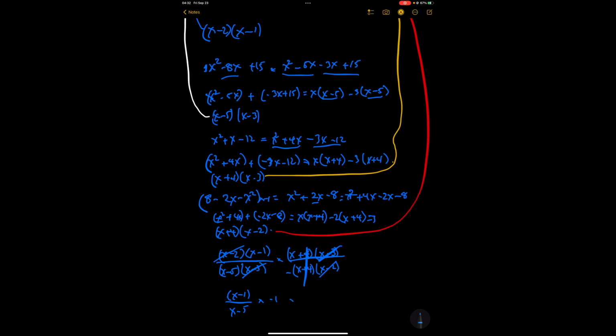So what do we get at the end? We get a negative x minus 1 over x minus 5. And that is the answer at the end of this operation.